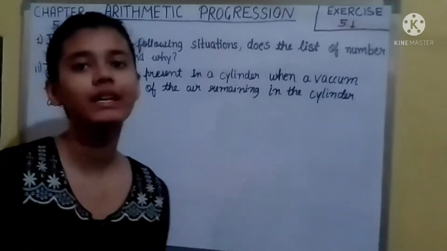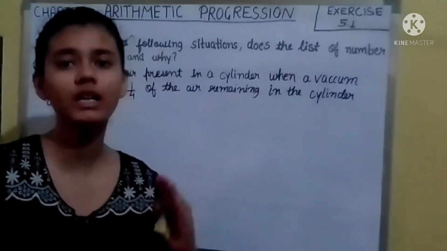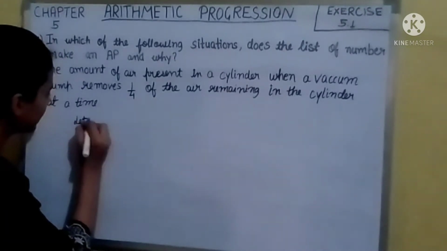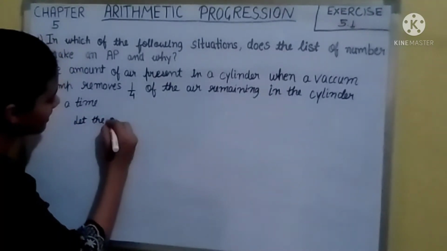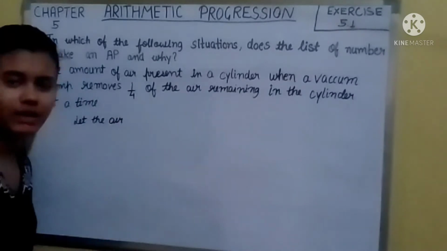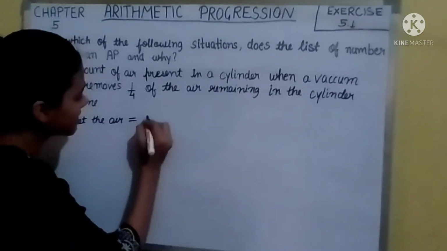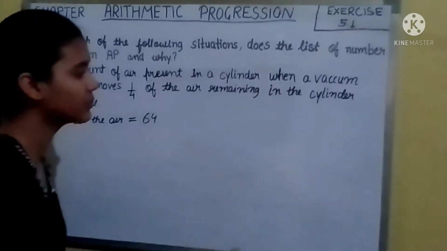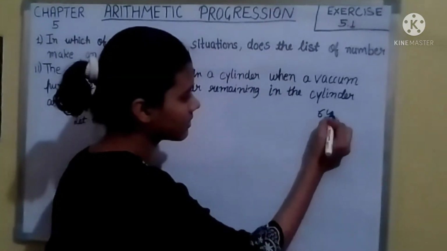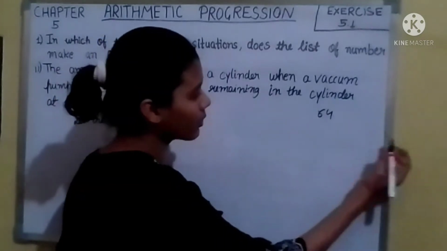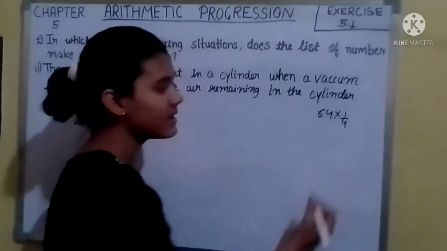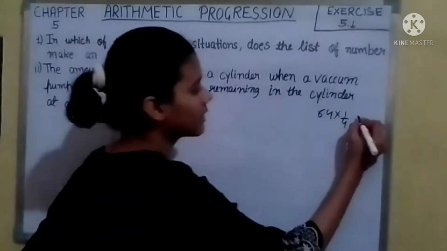So now we have to make a list of the numbers. So let the air be, we will take a random number. So I have taken 64. Now when the air is removed, 64 into 1/4 means the 1/4 part of 64.